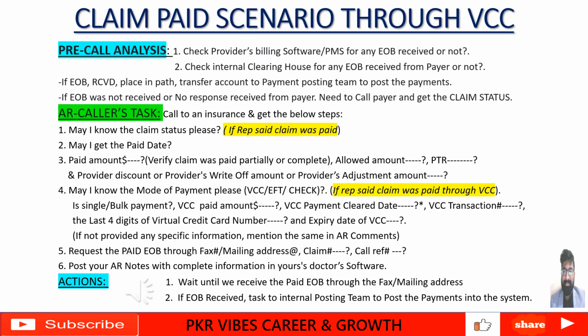So this is the second action. First action, you have to wait for the EOB if you have not received the paid EOB through fax. Second point is, if you received the EOB, then transfer that respective account along with the EOB to the payment posting team, so that the payment posting team will post the payments into the system. This is the second action of the claim paid scenario through virtual credit card.